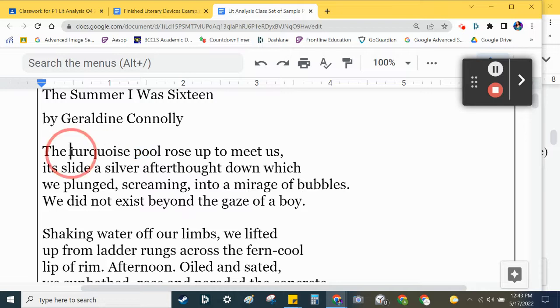I could say that the slide symbolizes the exciting and scary movement from childhood to adulthood.